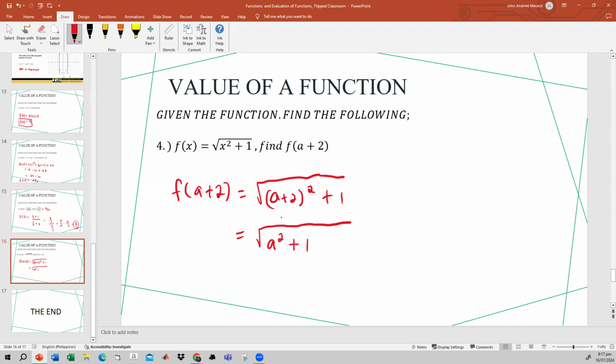So the middle term will be 4a. For the last term of the square of a binomial, you just need to square the second term. In this case, we have 4. Then you just copy 1. What we'll have is the square root of a squared plus 4a plus 5. This is now your f of a plus 2.